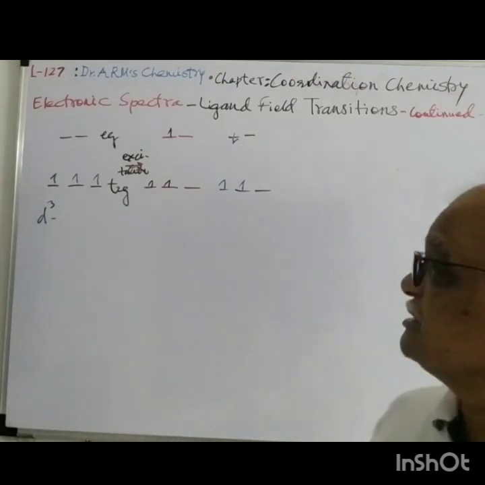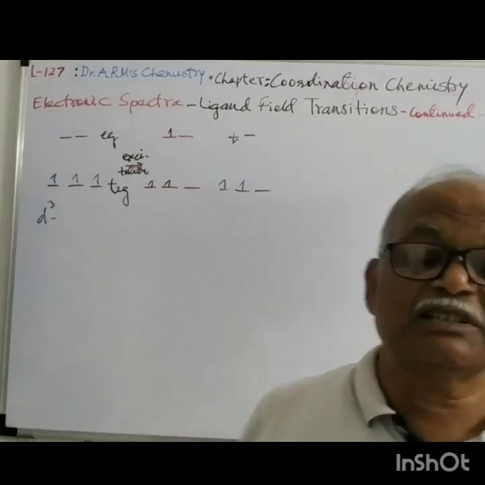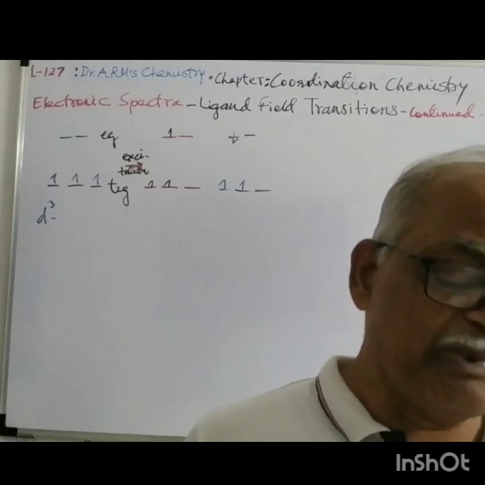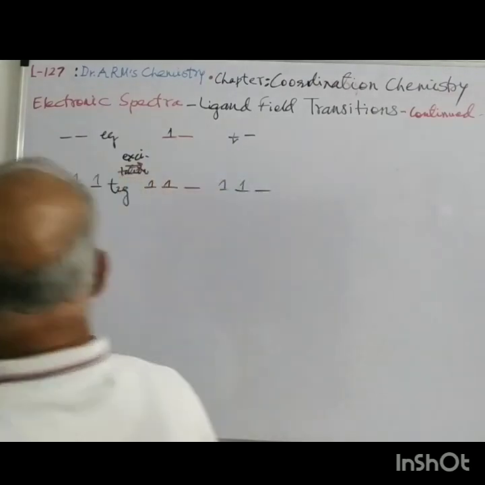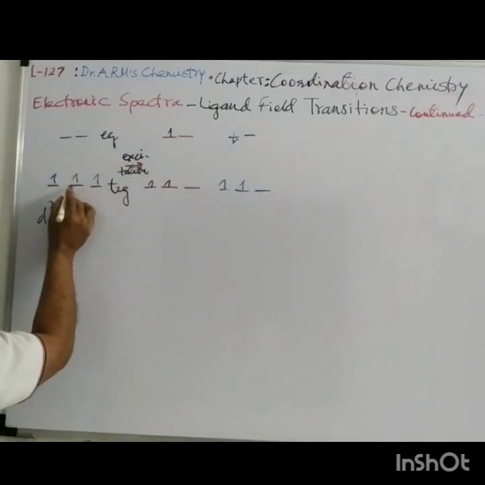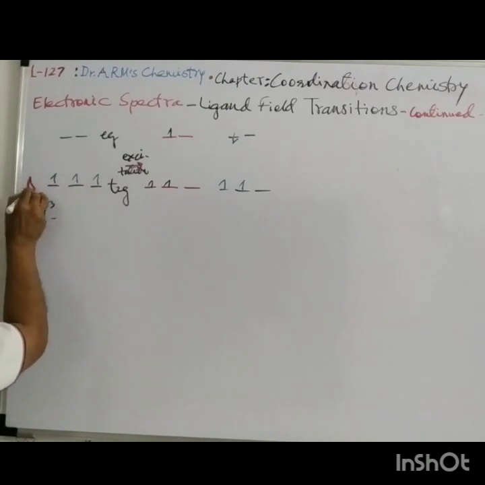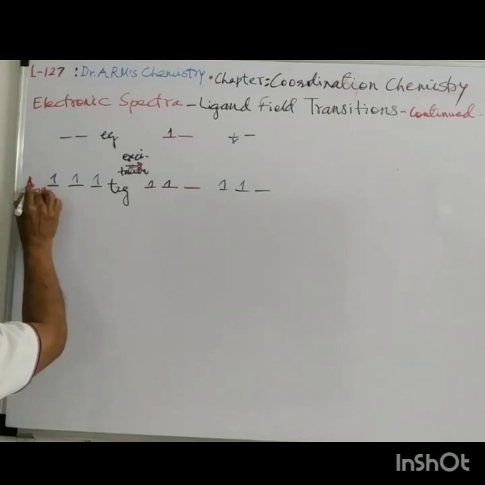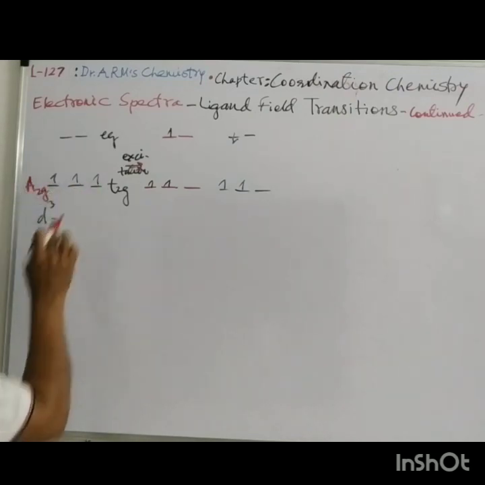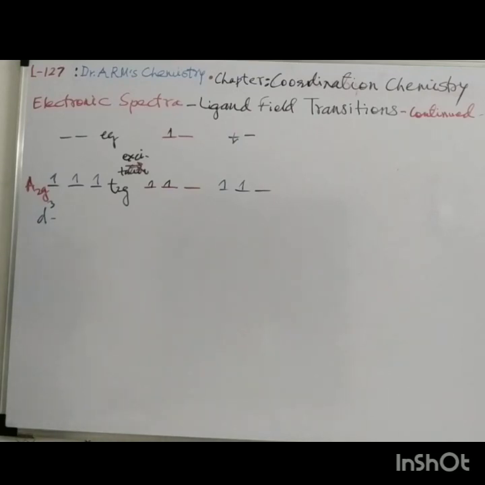Depending upon the distribution of electrons, the transition may be spin allowed or spin forbidden. The symmetry of these states is A2g symmetry, and each is denoted by this A2g term.